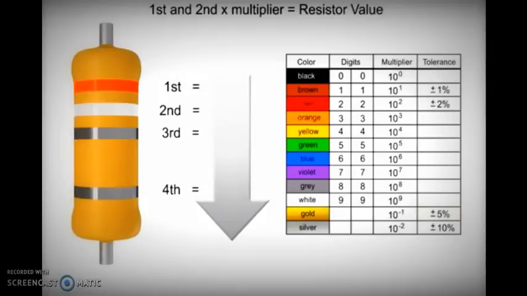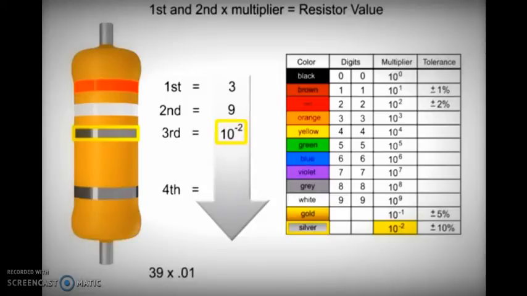Now, as a second example, the first band here is orange, so the value is 3, and the second band here is white. White is indicated by the digit 9, so the second value is 9. The third band is silver, which is the multiplier in this case, so it takes a value of 10 power minus 2.